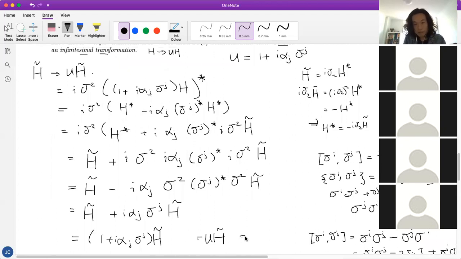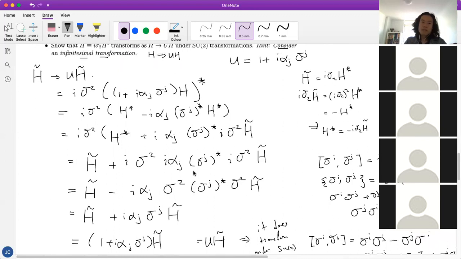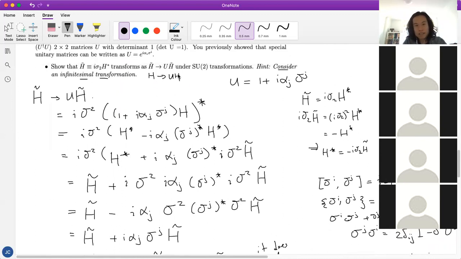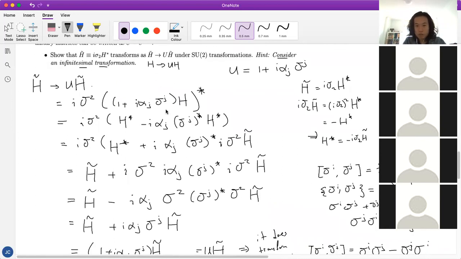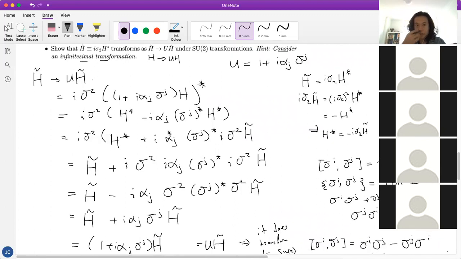So therefore, it does transform under SU2 as expected. It's a bit weird, the wording should be a bit more elaborate. It should say that because H transforms under SU2, we then have to show that H tilde also transforms under SU2.